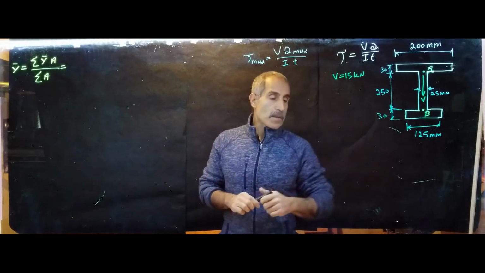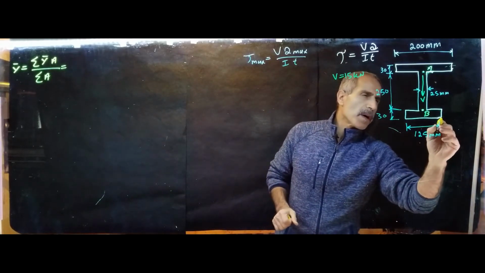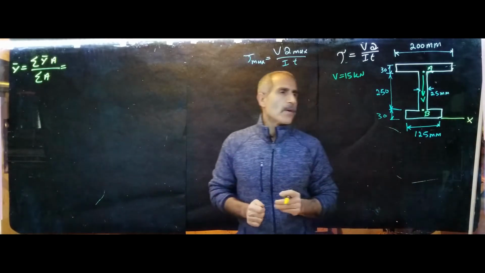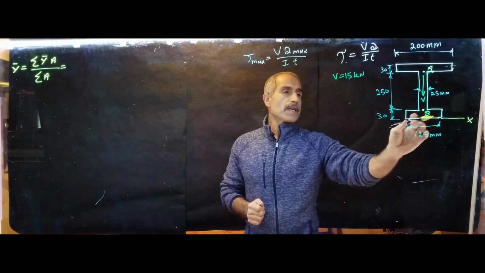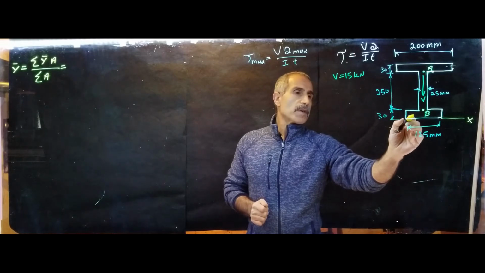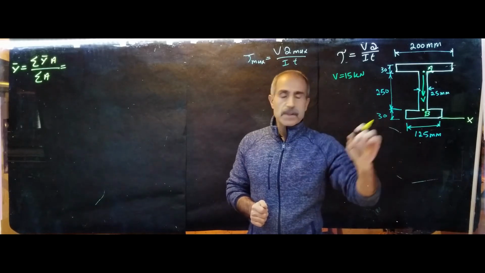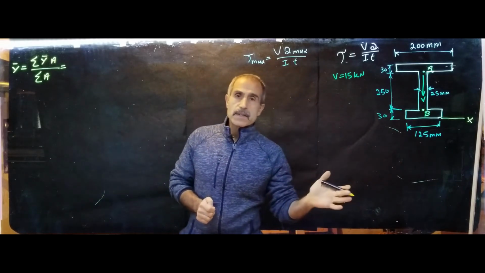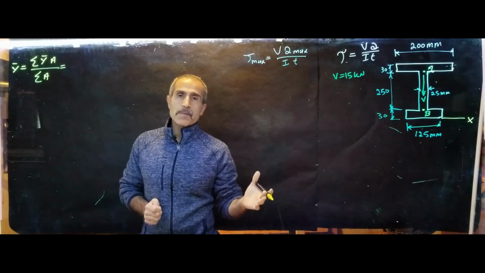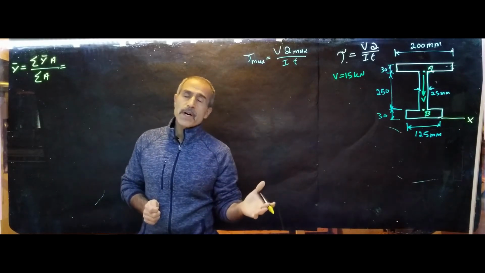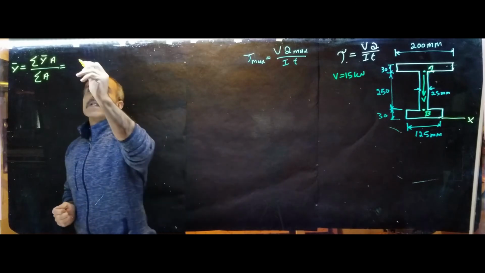Look at the first shape, and let's reference everything from the bottom here. First shape, which says B here, the center of it will be what? Because it's a 30, it will be 15. Be careful, this is in millimeters, we want to convert to meters. So 15 divided by 1,000 is 0.015.